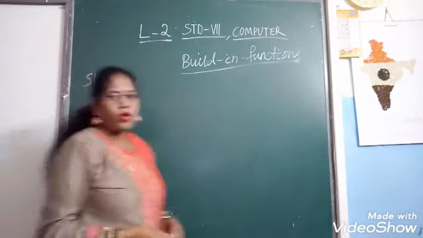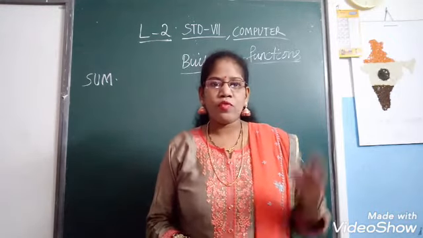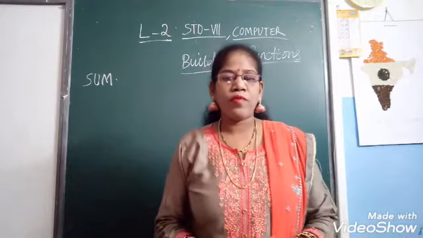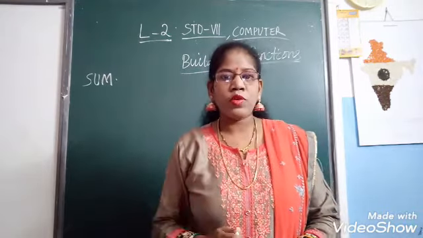See, whenever we are writing any formula, we are writing the full equation. Suppose we want to add from cell 1 to cell 5. So what are we writing? A1 plus A2 plus A3 plus A4 plus A5, then we close the bracket and press enter.